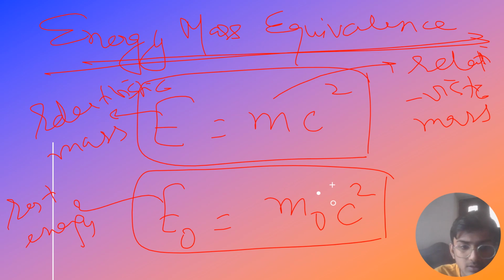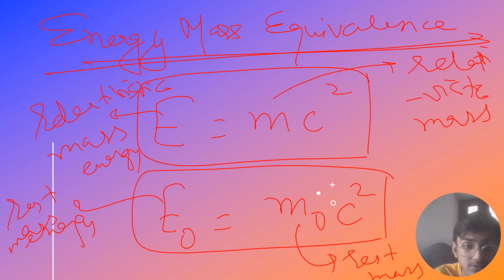So these are the formulas, but actually this E naught equals m naught c square is at rest, and this E is overall in the relative terms.